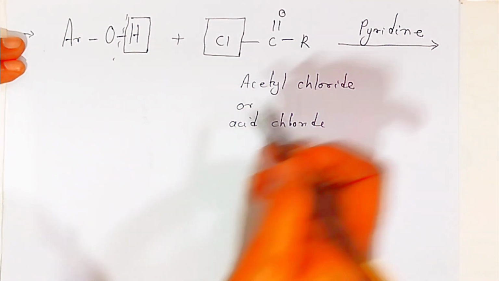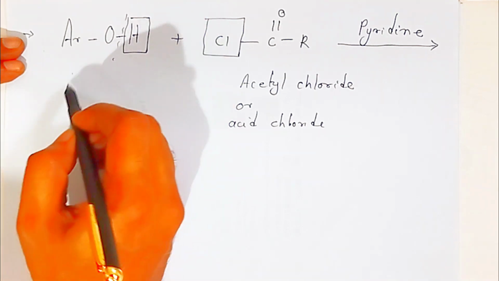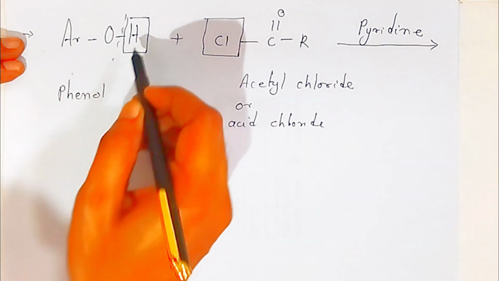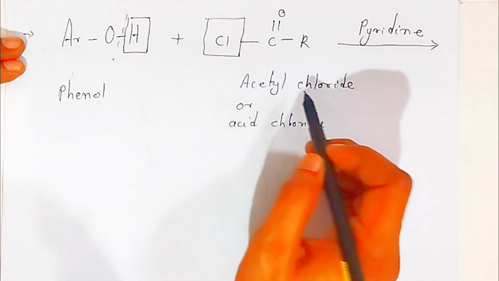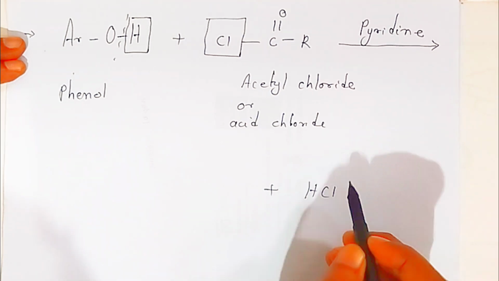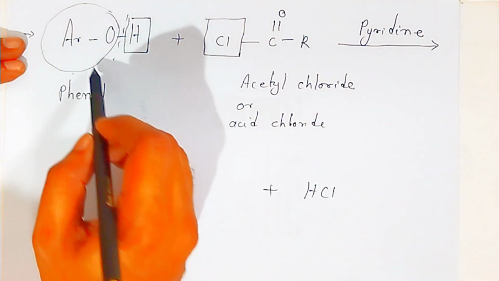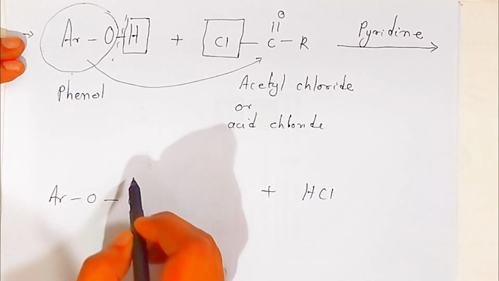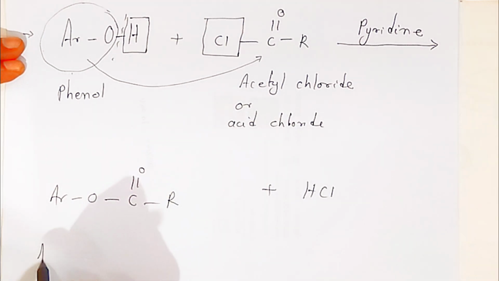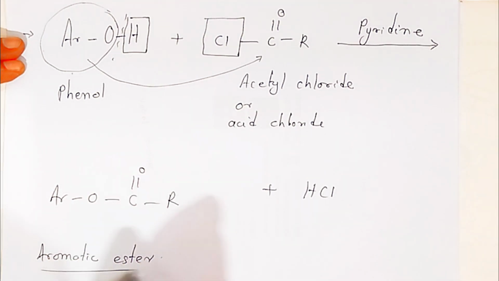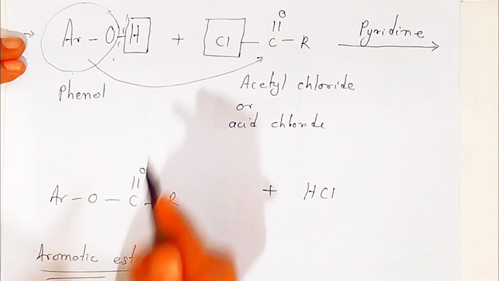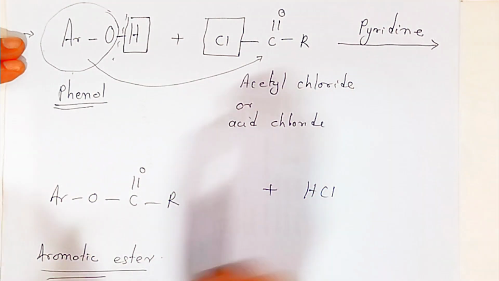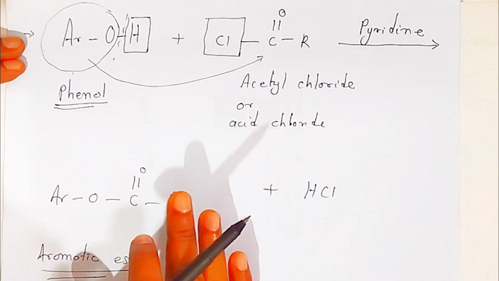In presence of pyridine, this hydrogen of phenol combines with the chlorine of acetyl chloride and it will give you HCl. Now this phenoxide combines with this carbonyl group and it will form ester, but the ester will be aromatic ester. So in this way you have got the aromatic ester, students. That is why this reaction is also called esterification. This is called esterification of phenols using acetyl chloride. This is very important in board examination also, they may ask.